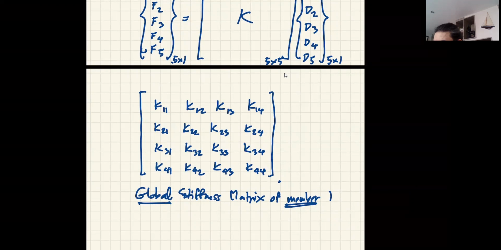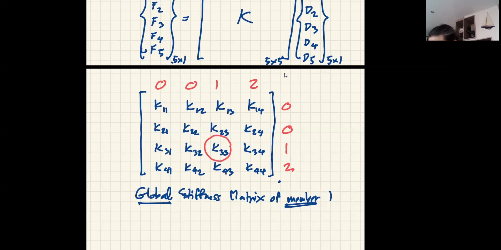By using the code 0, 0, 1, and 2. What the code tells us is that this K33 is 1 and 1. So whatever this number is, this component will go into row 1 and column 1 of the global stiffness matrix of the structure.